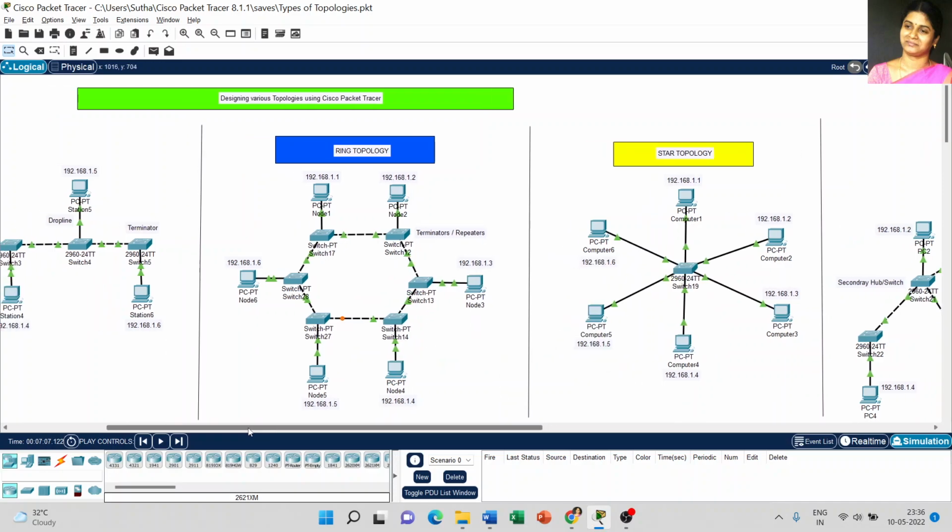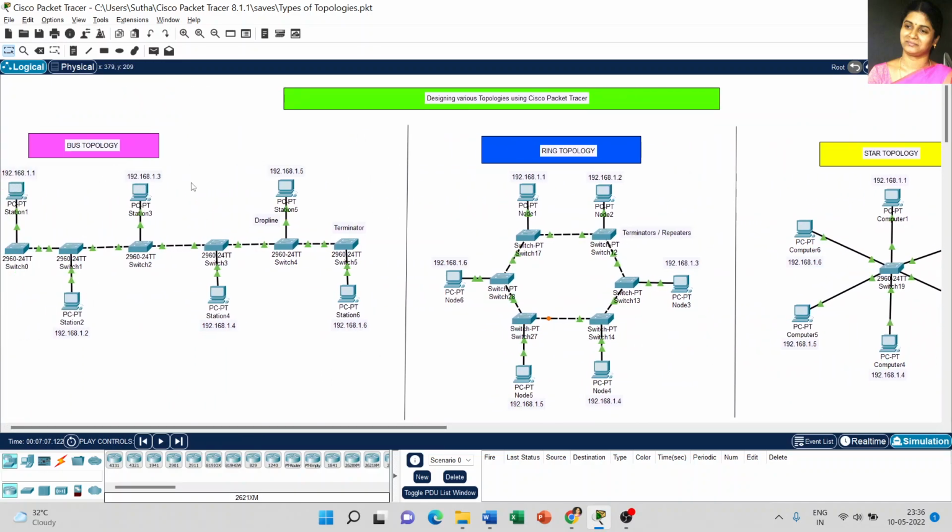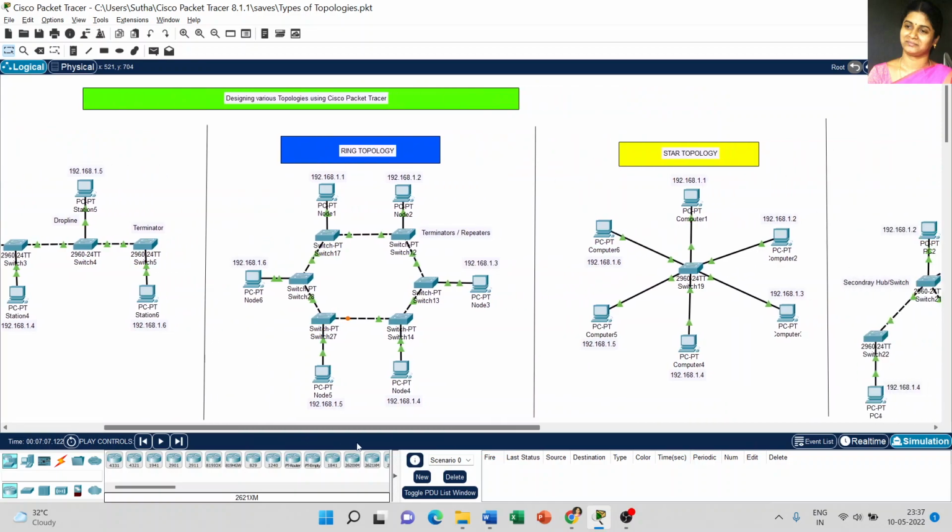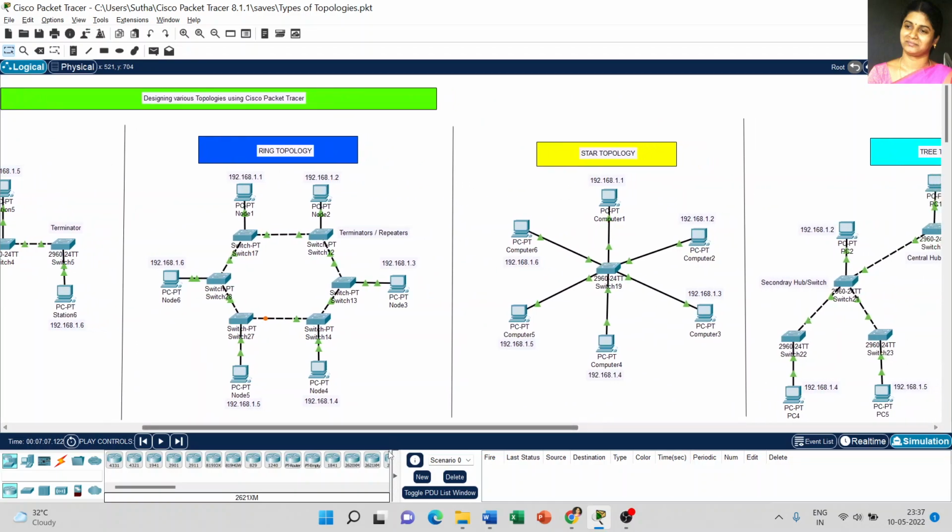Here, the same IP addresses we used in the bus topology, I used for the ring topology and all the remaining types. The reason is so you can easily remember what kind of IP address we set each time. We need not create any confusion over the IP address.